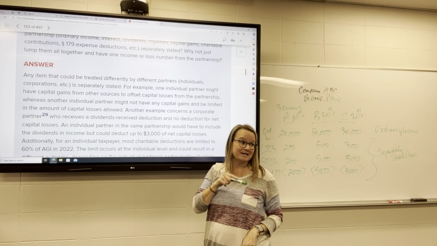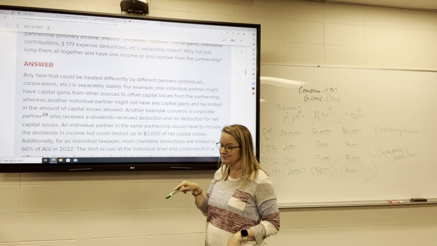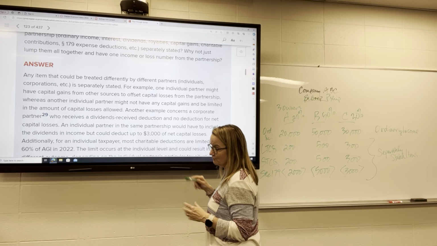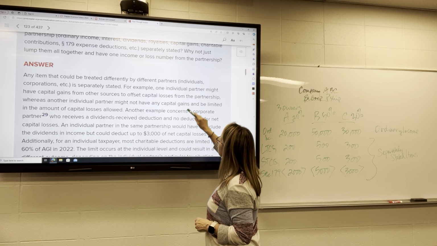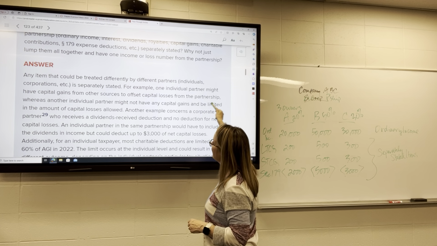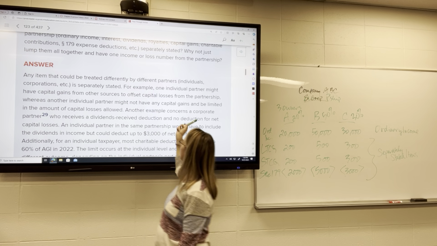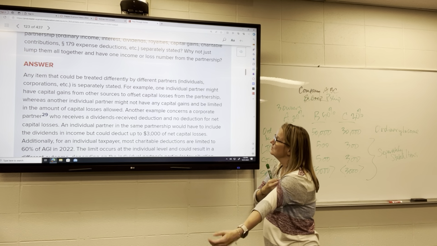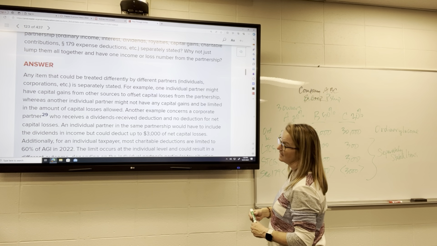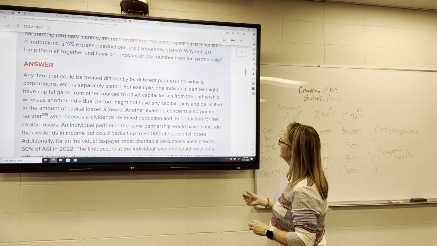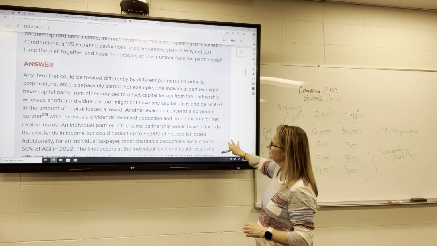And the tax rates and tax rules are different for corporations than they are for individuals. So one individual partner might have capital gains from other sources to offset capital losses from the partnership, whereas another partner might not have any capital gains and be limited in the amount of capital losses that are allowed. Another example concerns a corporate partner who receives dividends.